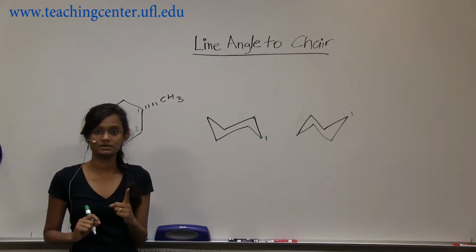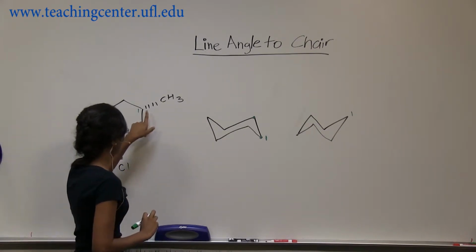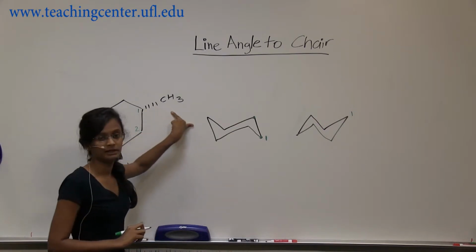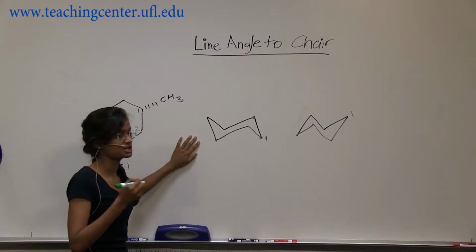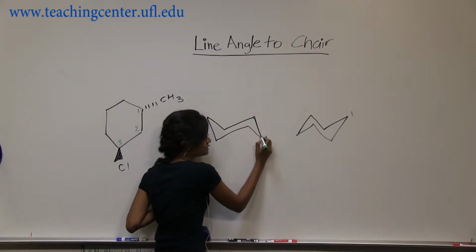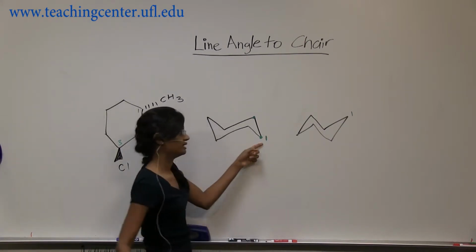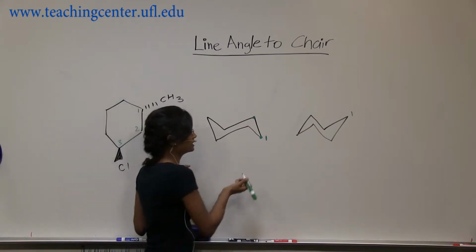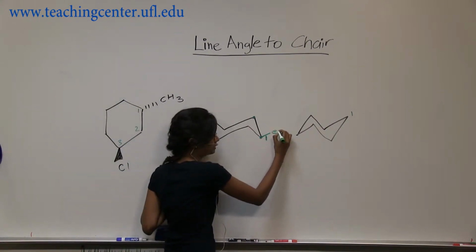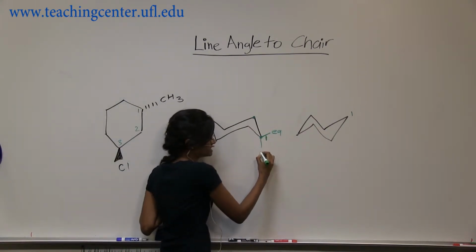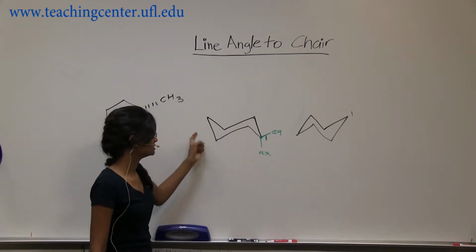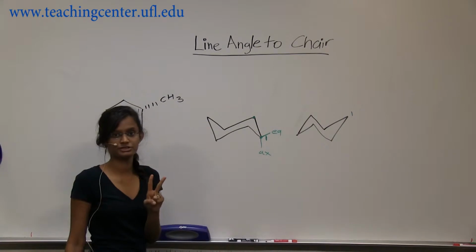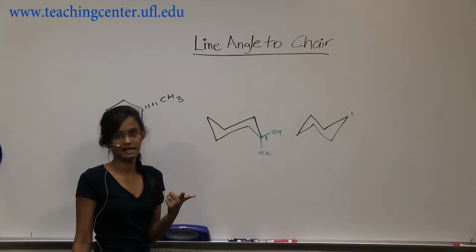Now, one thing you have to make sure of: whatever is on a dash always goes on the down position at that carbon. So this is the carbon. Let's make this carbon number 1. It has two positions, up, which is equatorial, and down, which is axial. Every single carbon on the chair has two positions, equatorial and axial.